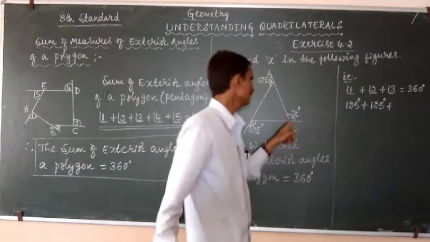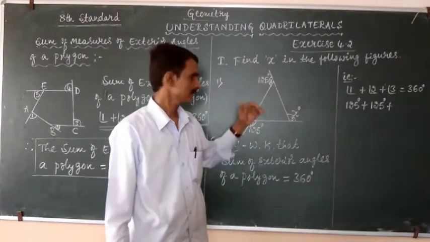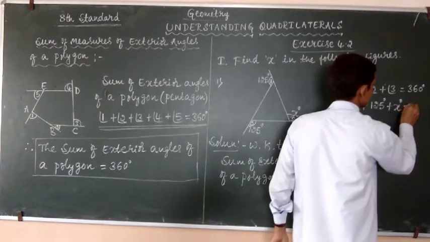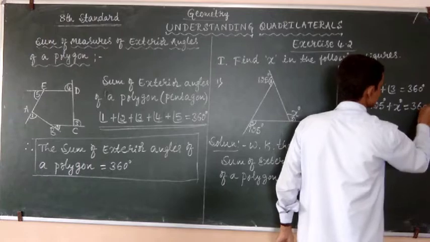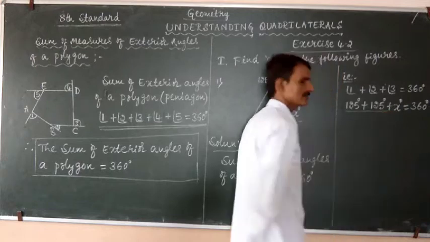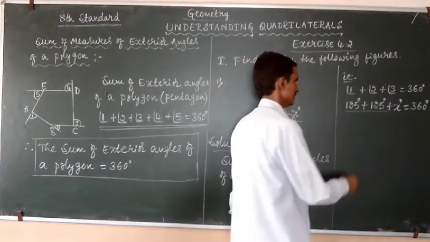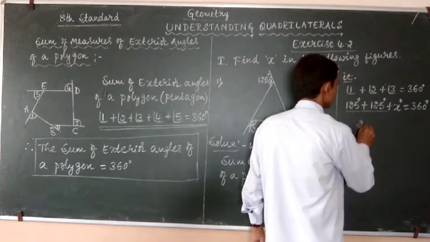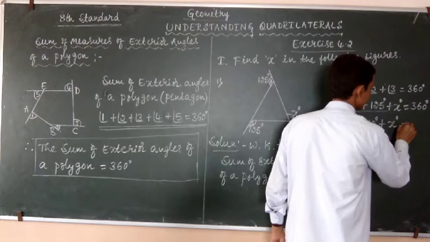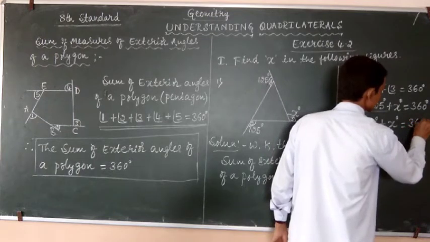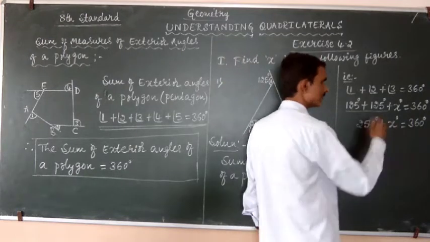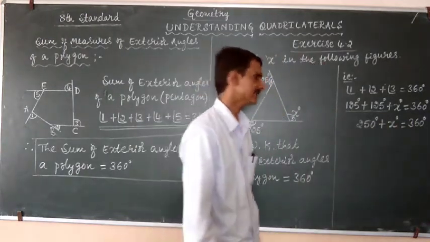The third exterior angle we have to calculate. Adding 125 plus 125, you get 250 degrees. 250 degrees plus x degrees equals 360 degrees.